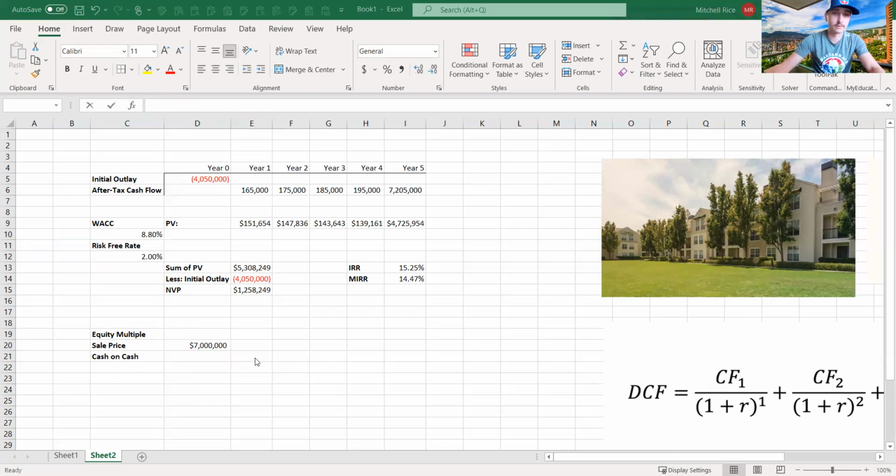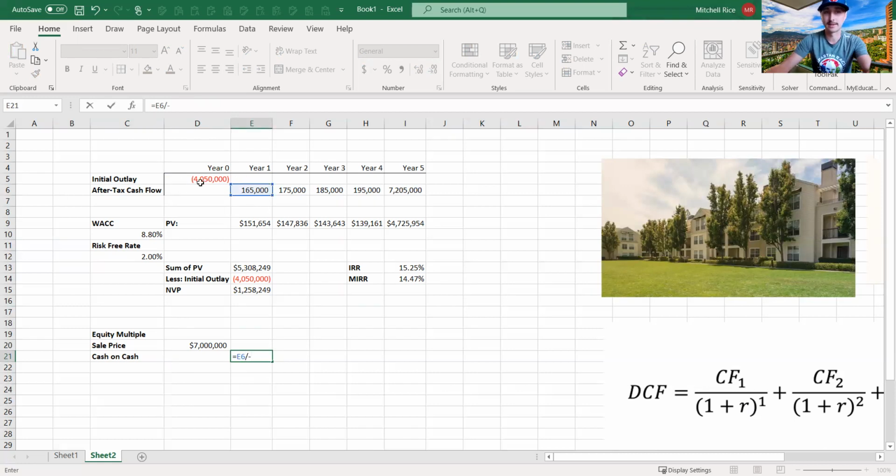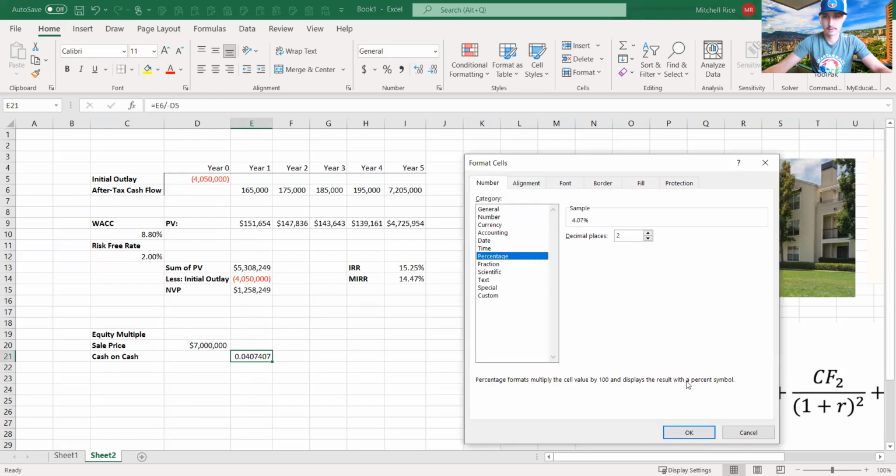So we're just going to reference this first year cash flow. We're just going to divide by the negative. We want this to turn positive, so it gives us a positive percentage. And we're going to reference the money that we put in. Let's convert this to a percent.